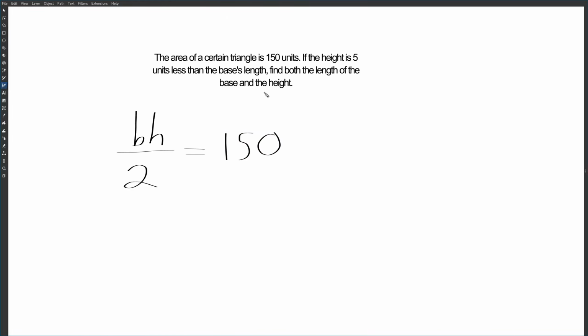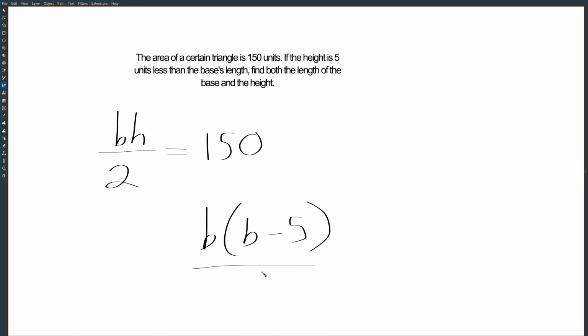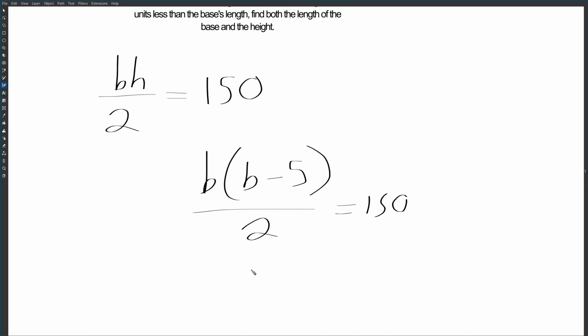Okay, what we're going to do next is, since we know that the height is 5 units less than the base's length, we can write that as b times (b minus 5) divided by 2 is equal to 150. b times (b minus 5) is equal to 300.